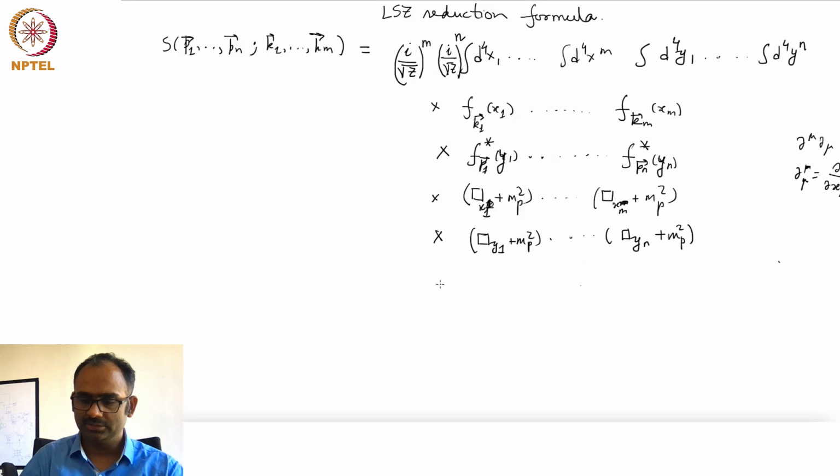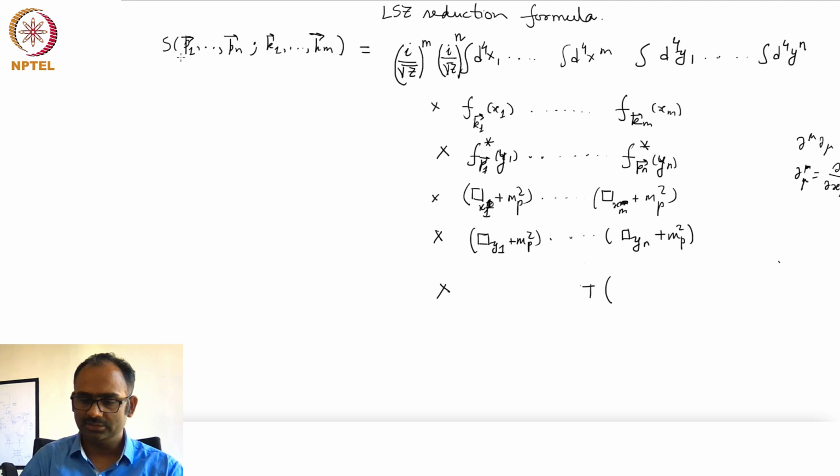And then what will you have? We had the time ordered product of fields where the number of fields was equal to the number of labels k1, the number of labels we had in the in state, which was m labels.